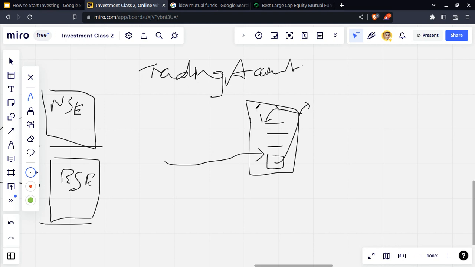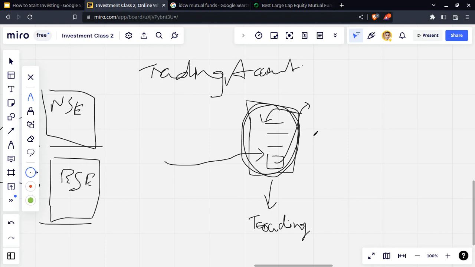Just like the account you are using on Facebook, similarly you will need to have an account with the broker. The account that is there with the broker is known as a trading account, because using this account only, you will trade the stocks.